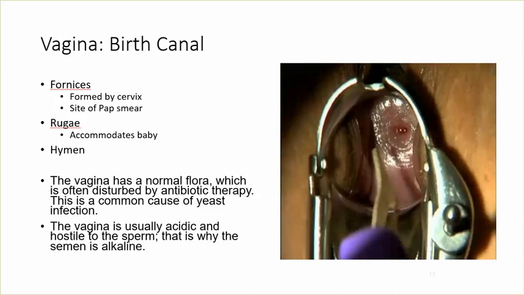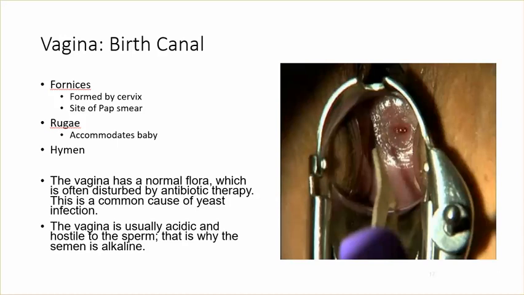There are lactobacillus that live in here, and they maintain an acidic environment in the vagina that keeps the vagina clean. One of the unfortunate things is that antibiotic therapies will kill these lactobacillus and make people prone to yeast infections.